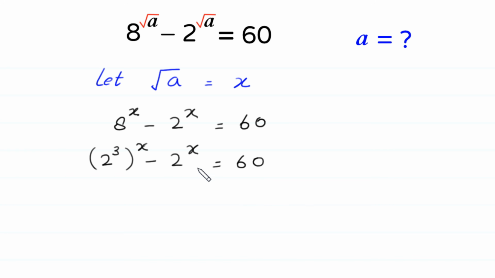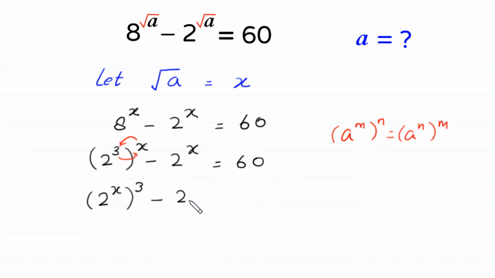Now, according to the property of exponents, a to the power m whole to the power n is equal to a to the power n whole to the power m. We can write this power x inside the brackets and this power 3 outside the brackets, like this: 2 to the power x whole to the power 3 minus 2 to the power x is equal to 60.